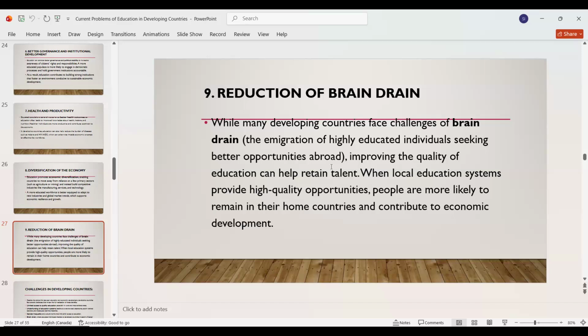It's like a duty. That's all, right? When the local education system provides high quality opportunities, people are more likely to remain in their home countries and contribute to economic development, right? Even in our campus, most of the students want to migrate.